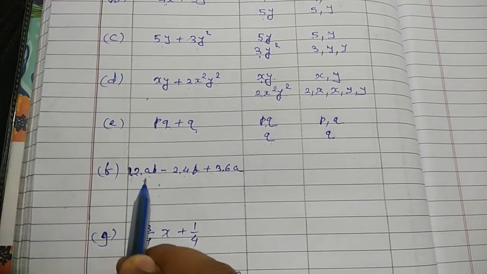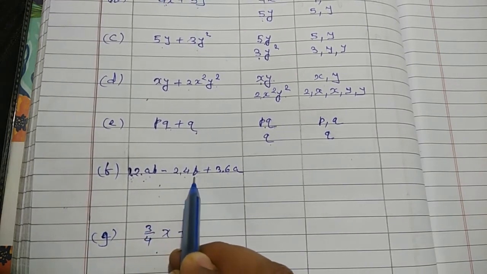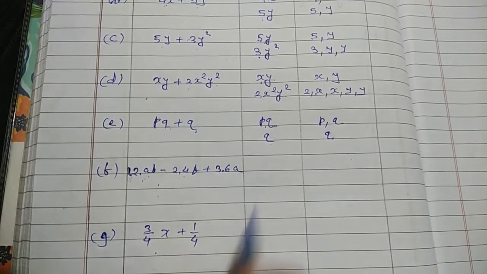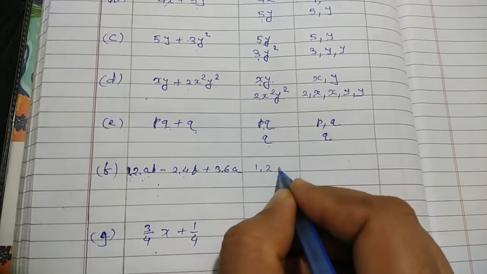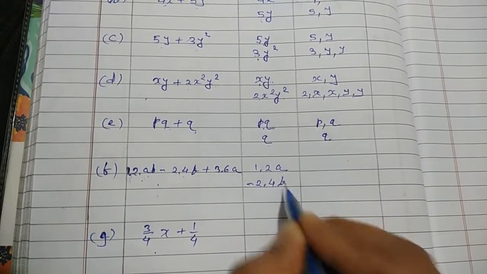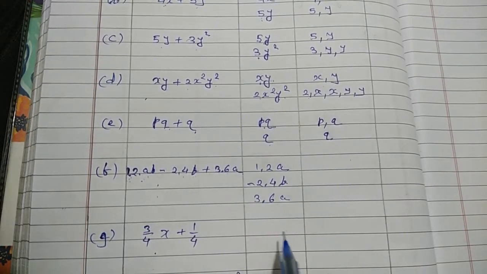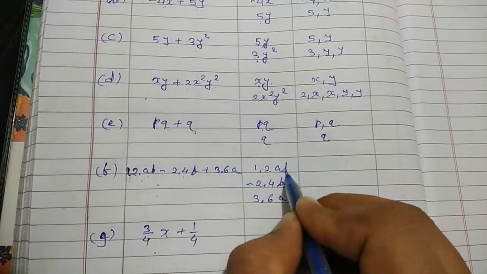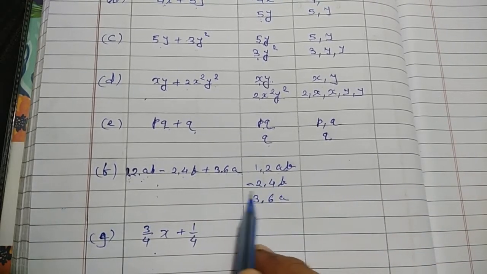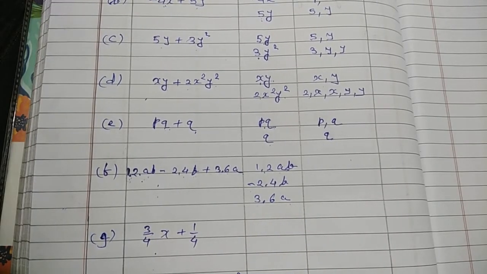This 1.2ab is the first term, then minus 2.4b is the second term, and 3.6a is the third term. First term is 1.2ab, second minus 2.4b, and third one 3.6a.